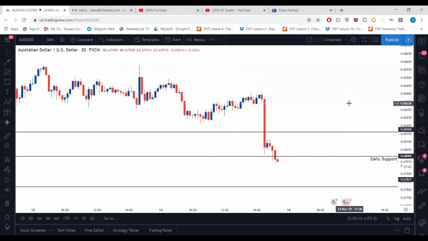Are you in any other pairs? Any other trades? No, only in this buy.